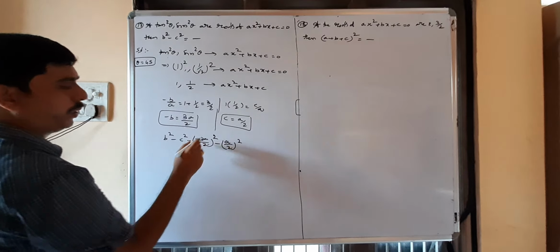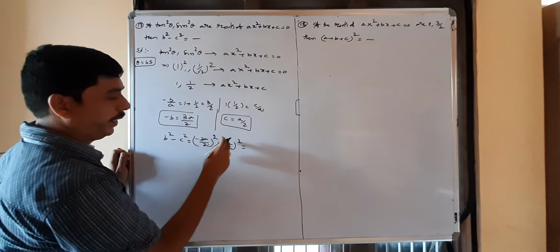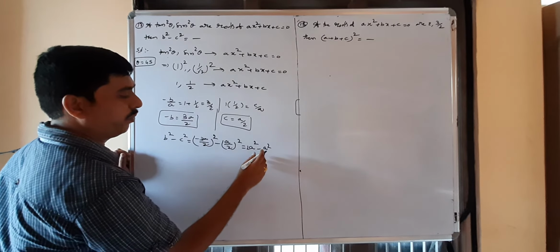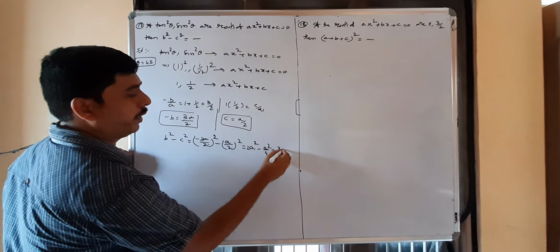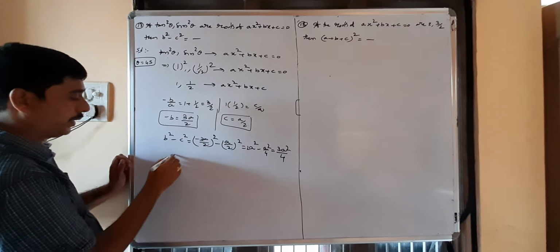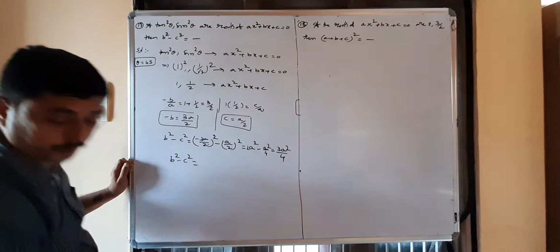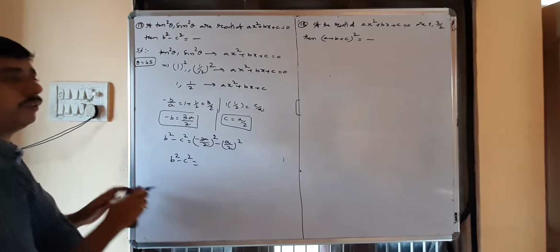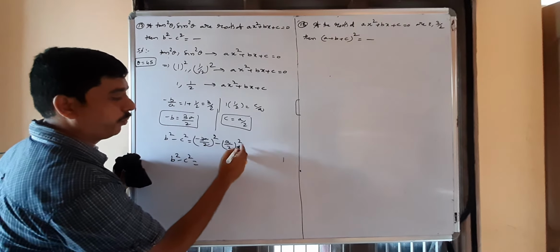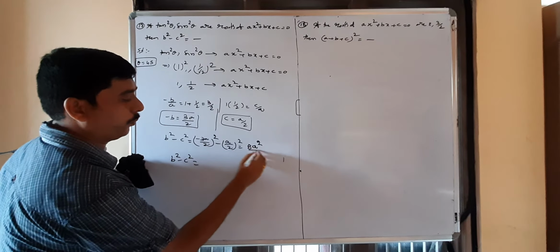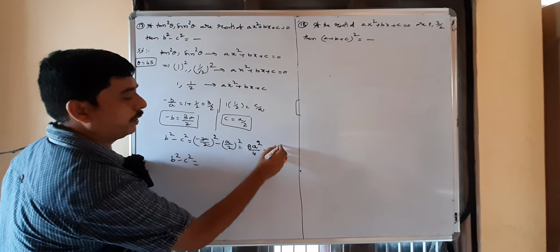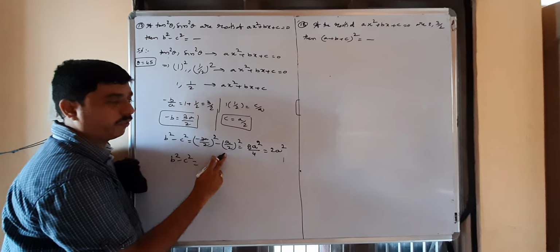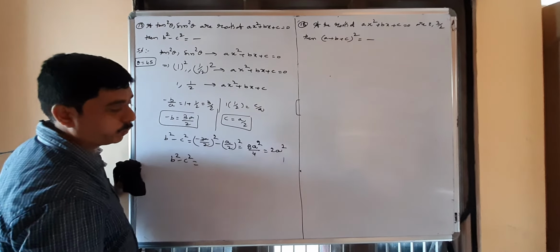That is 9a square by 4 minus a square by 4, which is 8a square by 4, that is 2a square.